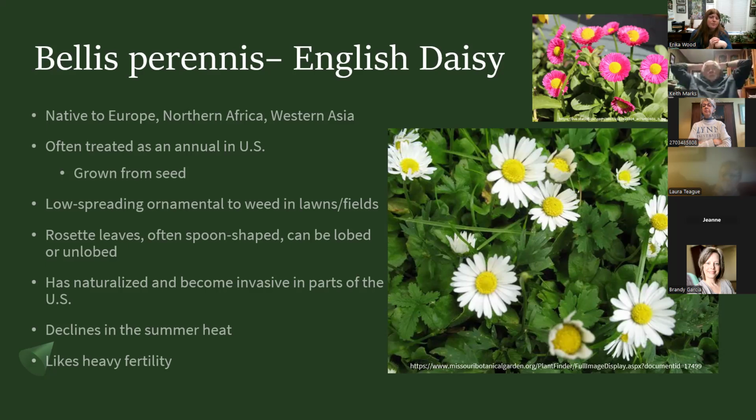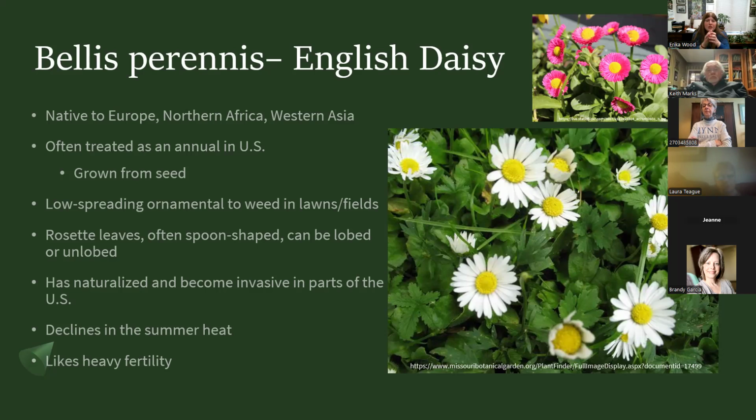Now, in general, English daisies are a very low growing daisy, and that's why sometimes they can be easily dispersed and just become a weed in our different lawns and fields. They have more of a rosette leaf, and if you look at the leaves closely, a lot of times they can be lobed, but also create this little spoon shape.